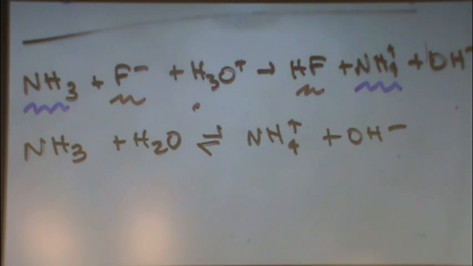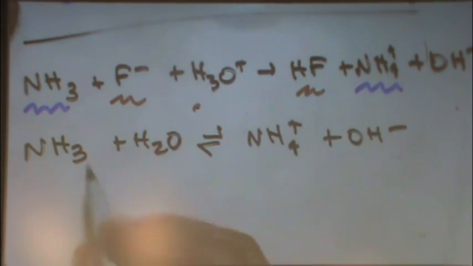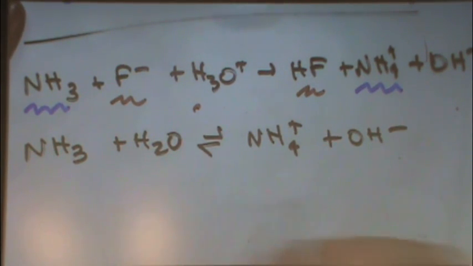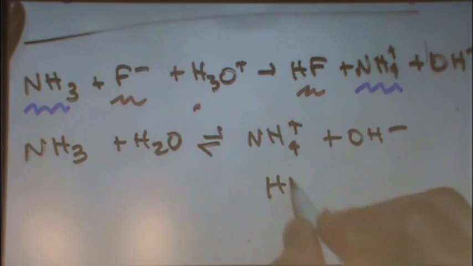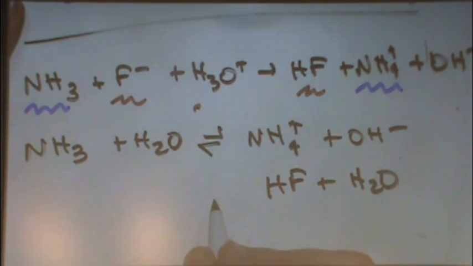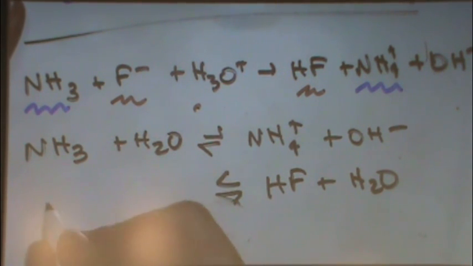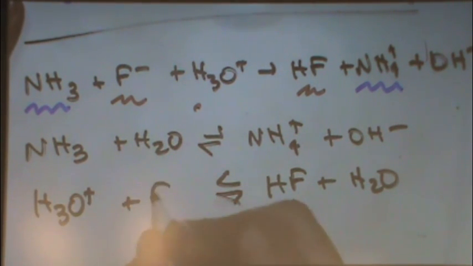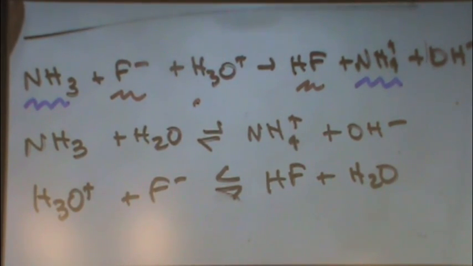And for HF and F minus, if I write it backwards because the HF is on this side, the general reaction for an acid, I'm just going to write it backwards, goes to H3O plus F minus. Is that all right?